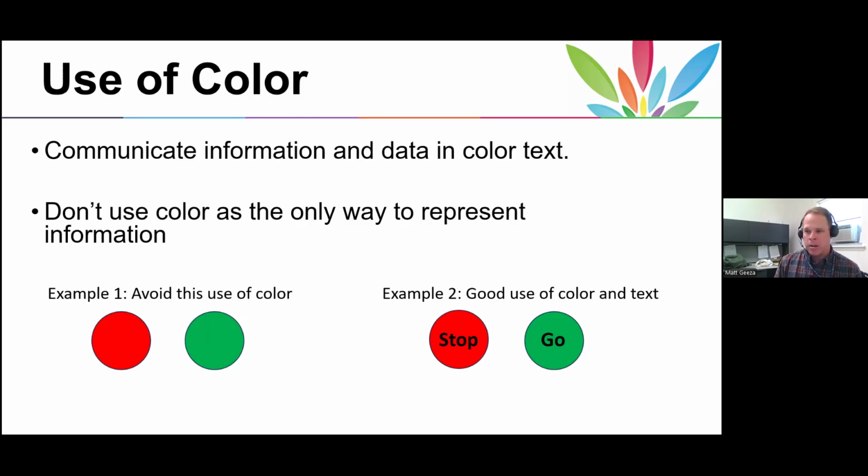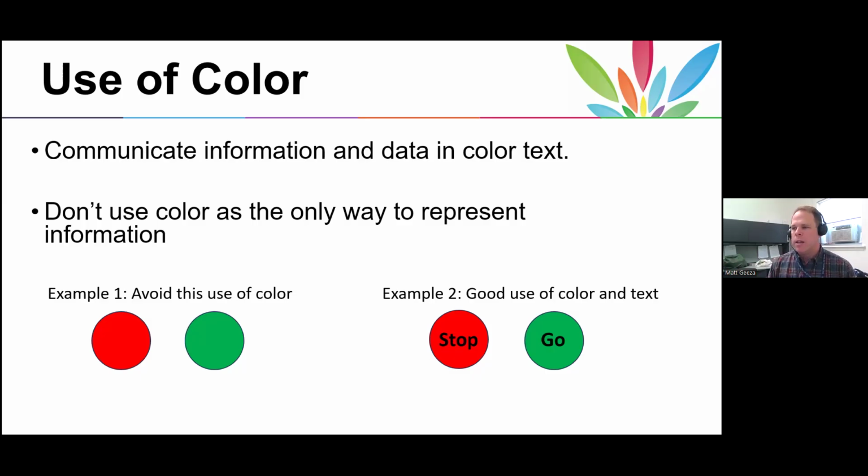If they can see the circles but they're colorblind, they would just see two different shades, but they wouldn't know what those shades meant. I'll show you a tool in PowerPoint that simulates color blindness, so you can get a sense of what this might look like to somebody who isn't able to differentiate those colors.